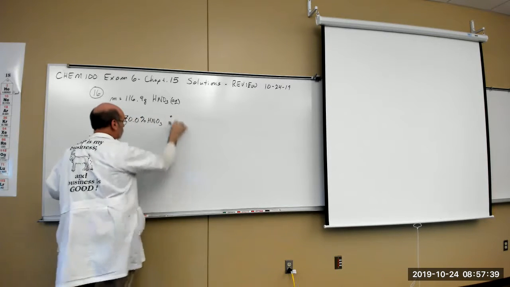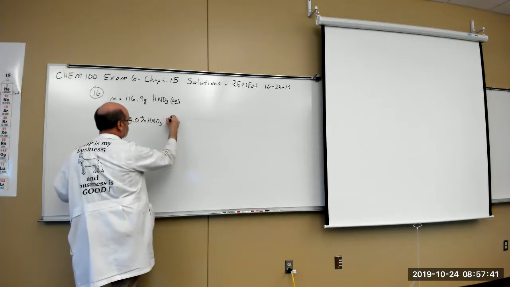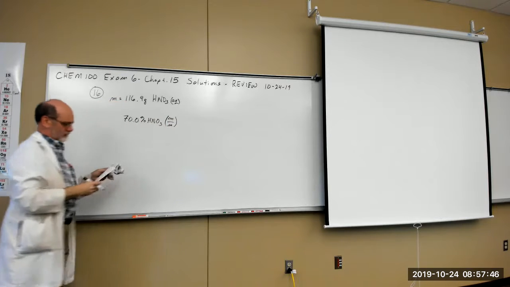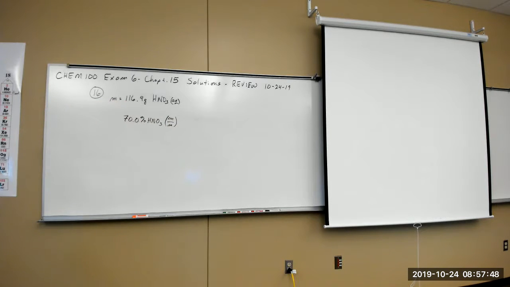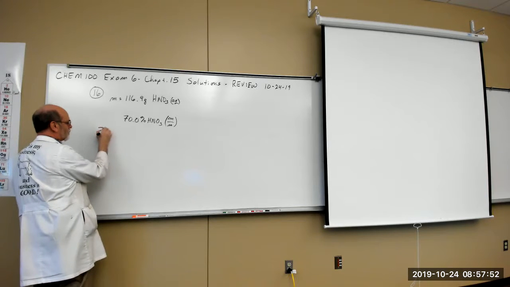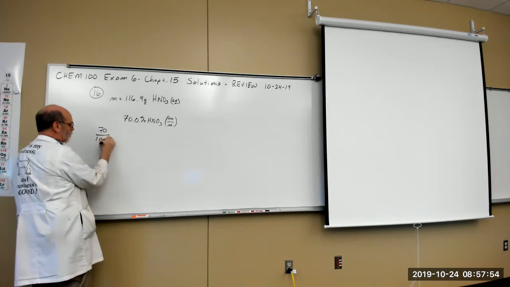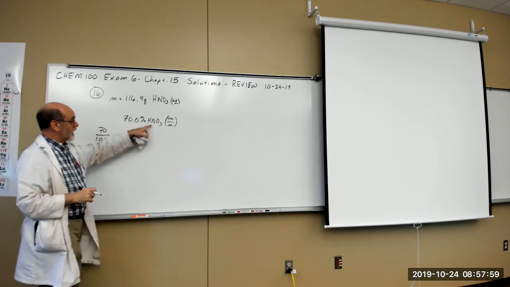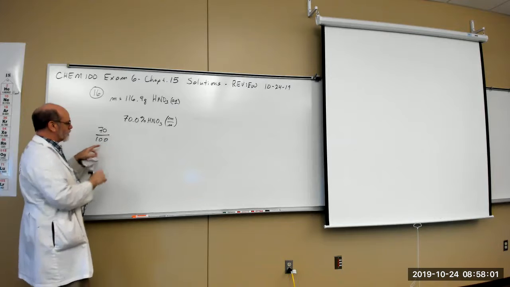So it's like this, mass, which means 70% is 70 parts per 100, right? 70 parts per 100 parts. So 70 parts of nitric acid per 100 parts of solution.